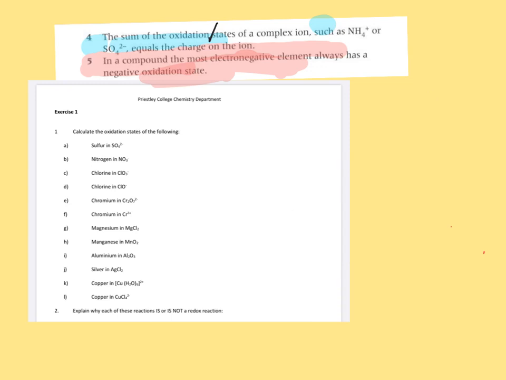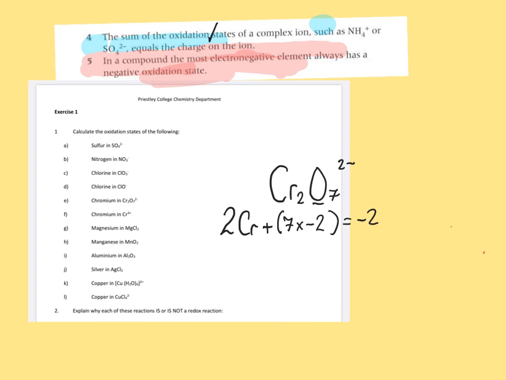Let's now look, I'm going to jump to E, chromium in dichromate. Again, the sum of the oxidation states is equal to -2. So we don't know chromium, but there are 2 chromium atoms in dichromate, and that is added to 7 oxygen atoms, and we know that oxygen always has an oxidation state of -2.